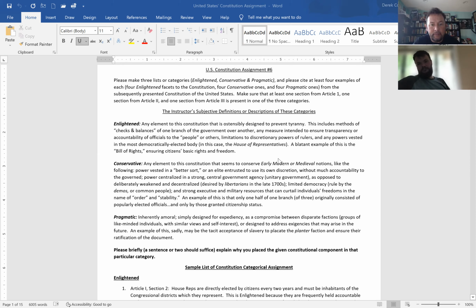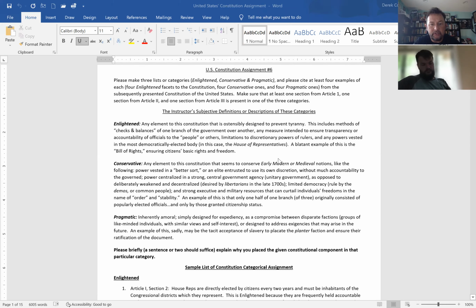Conservative: any element to this Constitution that seems to conserve early modern or even older, medieval notions, like the following: power vested in a better sort or an elite body entrusted to use its own discretion without much accountability to the governed. Power centralized in a strong central government agency, like a unitary government, as opposed to deliberately weakened and decentralized, as desired by the libertarians of the late 18th century.